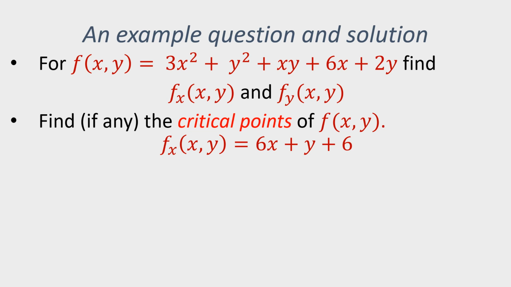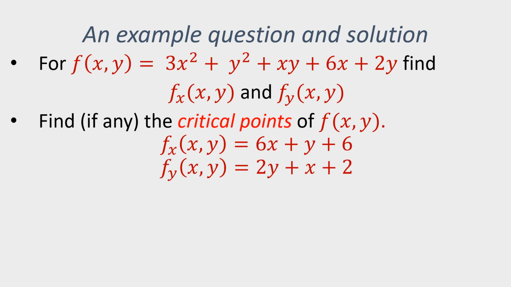In this case, we treat terms in y as if y was a constant. x is a variable, so we differentiate 3x squared. We get 6x. This y squared term disappears because it's a constant. We differentiate this term, we get y. We differentiate 6 times x, we get 6. We differentiate this term, y is treated as a constant, so that term disappears.